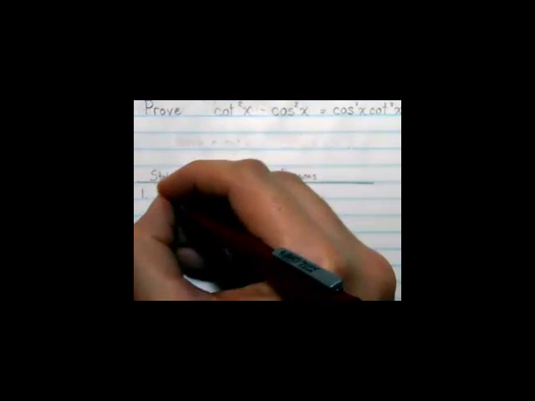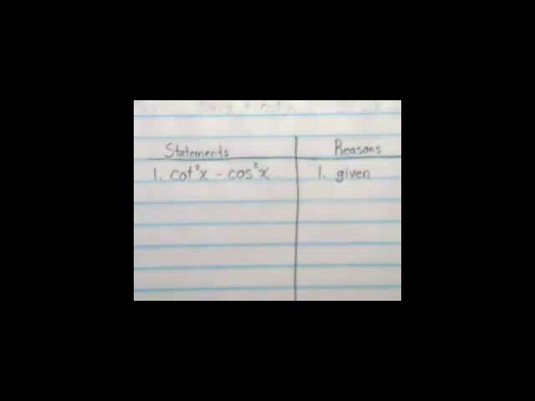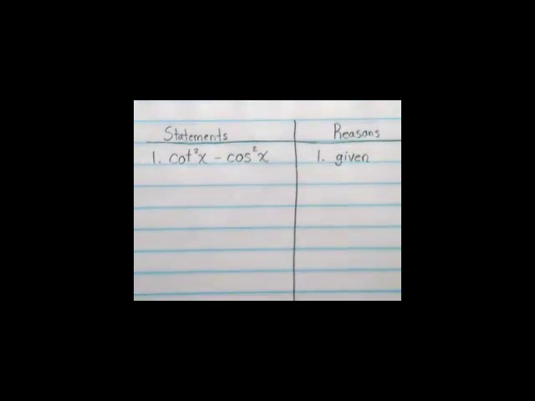So we're going to start with cotangent squared minus cosine squared and see if we can simplify that using some common denominators to get it to be cosine squared, cotangent squared. I'm going to zoom this in just a little bit more so we can see it better.